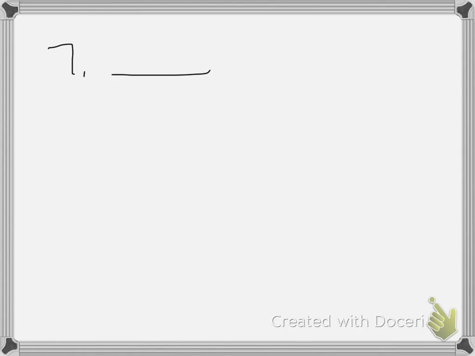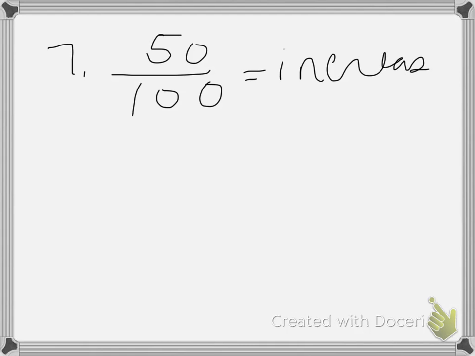You see 50 is the difference over the original amount. The original amount is 100, okay? And you just change that to a percent. You can reduce that and change it to a percent. You know that's the same as 1/2. So 1/2 is what percent? I'm not giving you the answer.